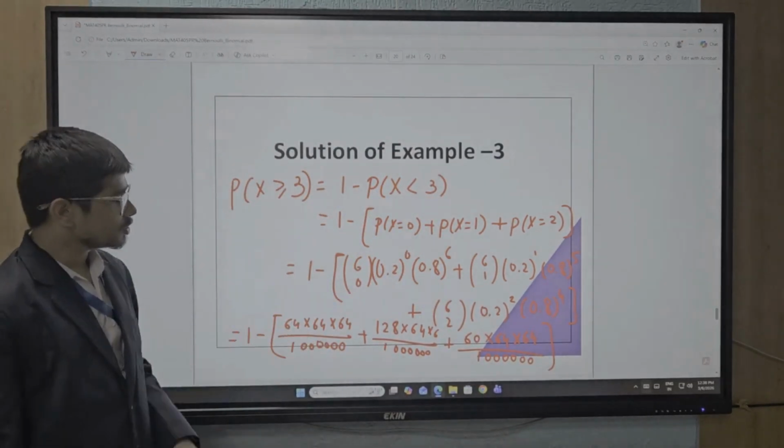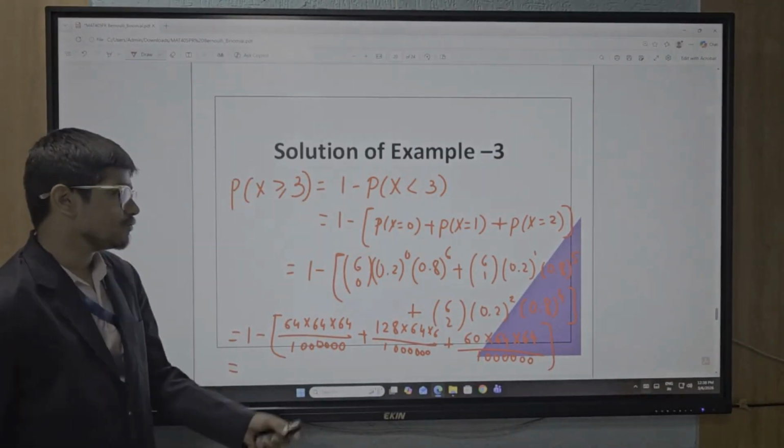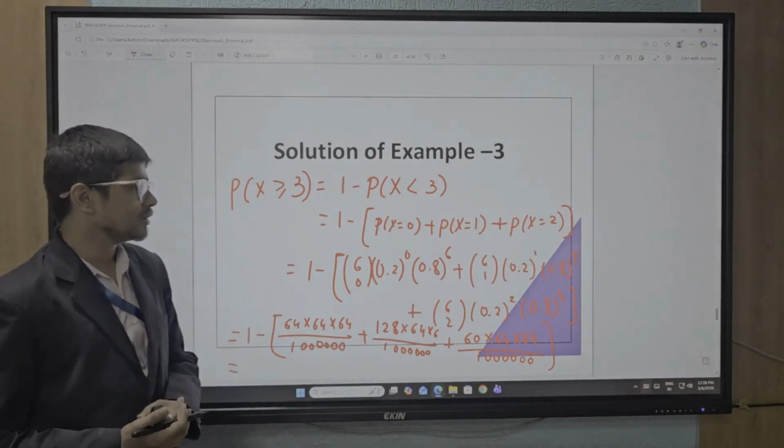So my dear students, you can solve this calculation by yourself. You get the answer.